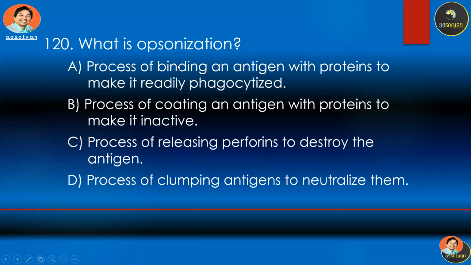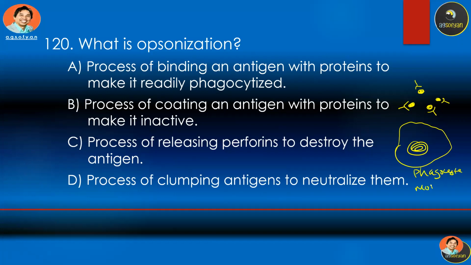What is opsonization? A, B, C, or D? Okay, so if this is pathogens, maybe bacteria or viruses, the opsonization is the covering of these pathogens with antibody, and it will be available for the phagocyte, like maybe the monocyte, to eat them.